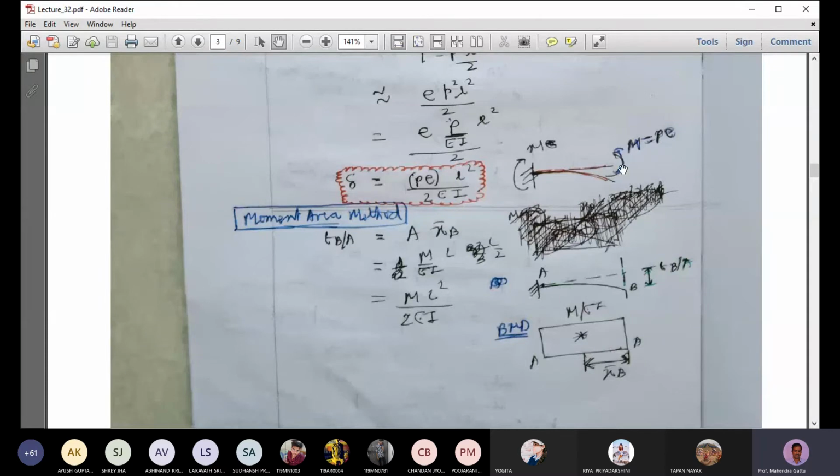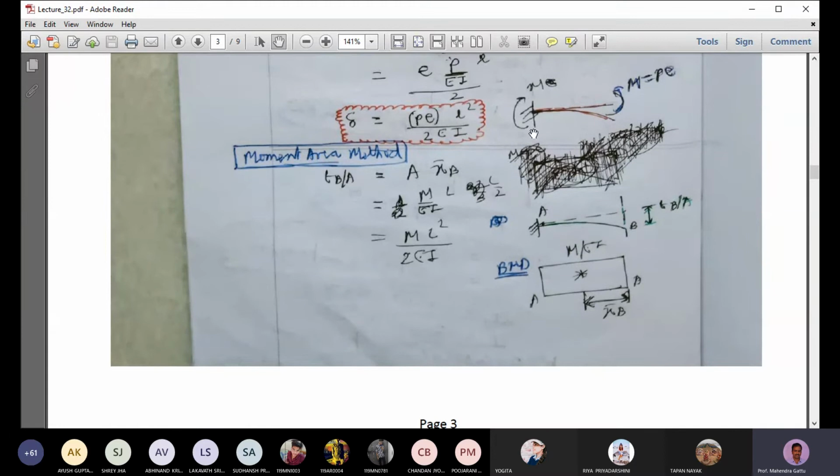I've shown a hogging moment, and the deflection is sagging. Sorry, this is actually applied in the clockwise direction. Okay, so please correct this one. Bending moment is applied in the clockwise direction here, and here that will be anti-clockwise on the left hand. Okay, so because of the clockwise bending moment, this beam will deflect in this way, and we want to find what is the deflection here.